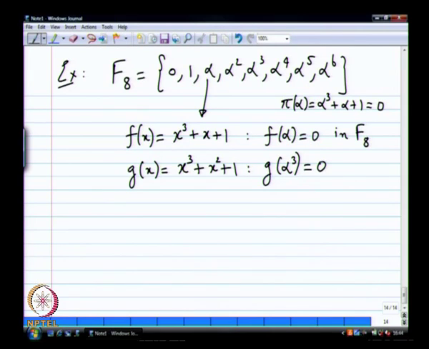So this will for sure work out to 0 in F_8. You have to do the computation.